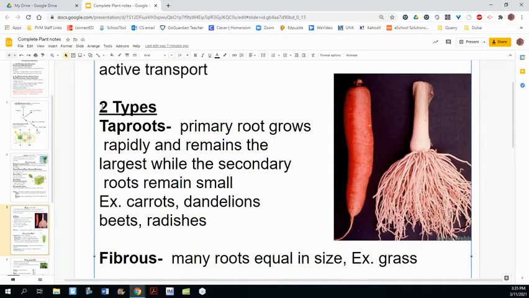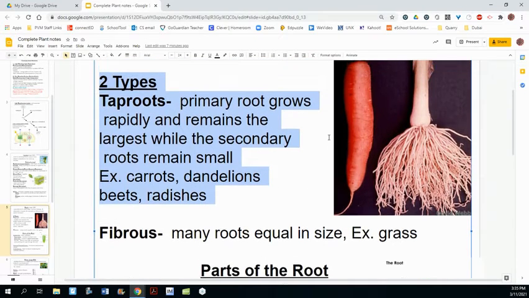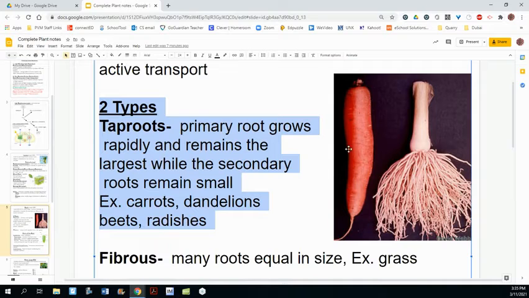And there are two main styles that a root will take. You'll have tap roots and you'll have fibrous roots. Both are shown here. A tap root is primarily one solid large root, and carrots, dandelions, beets, and radishes all have tap roots.